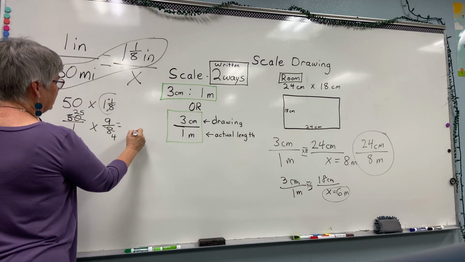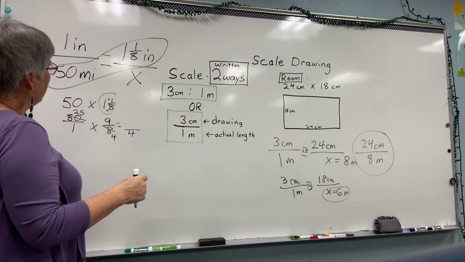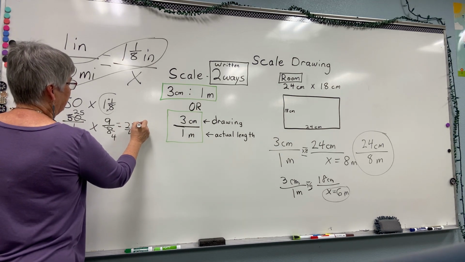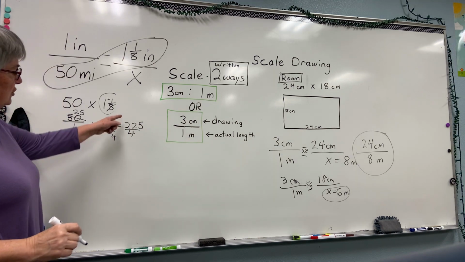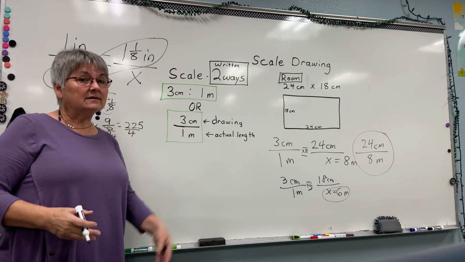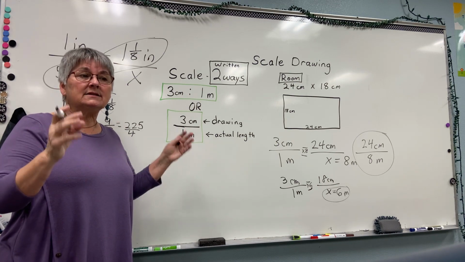So now I'm ready to multiply. 1 times 4 is 4. There's my denominator. 25 times 9, let's see, 100, 225. There we go. 225 over 4. Now, I need to turn that into a mixed number.